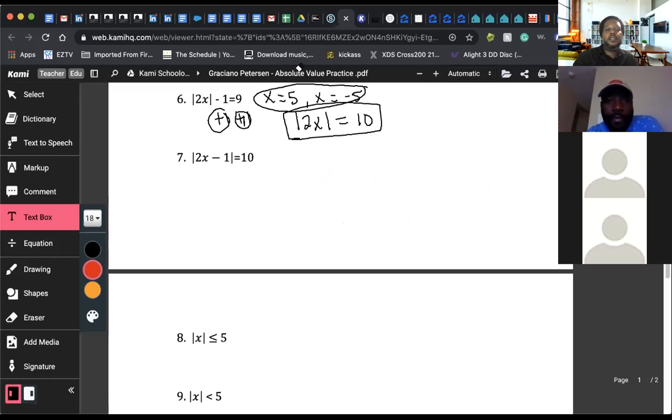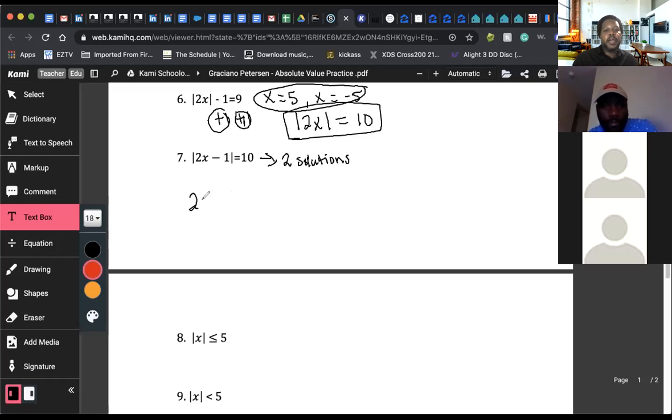Okay. So if we look at number 7, it's already isolated, right? We don't need to do anything extra to isolate it. And we have a positive answer. So we know that we have 2 solutions. Because we know we have 2 solutions, we have to solve it with a positive 10 and a negative 10.